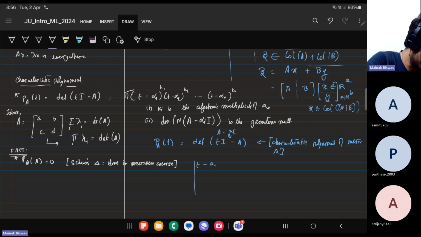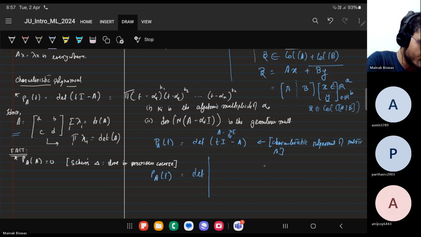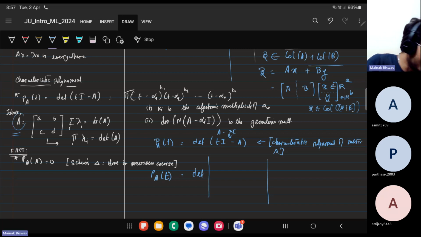I am telling you to find the characteristic polynomial of this matrix A. What will you do? The determinant of tI minus A. I have a matrix A given to me: a, b, c, d.